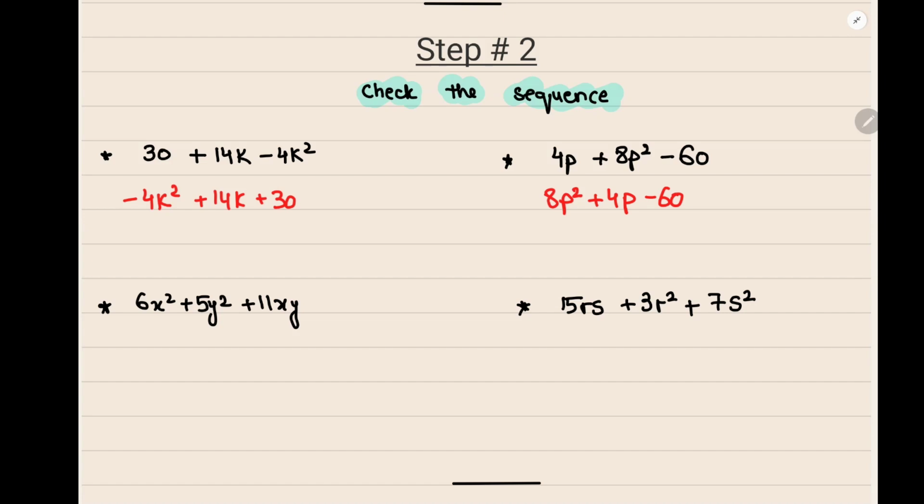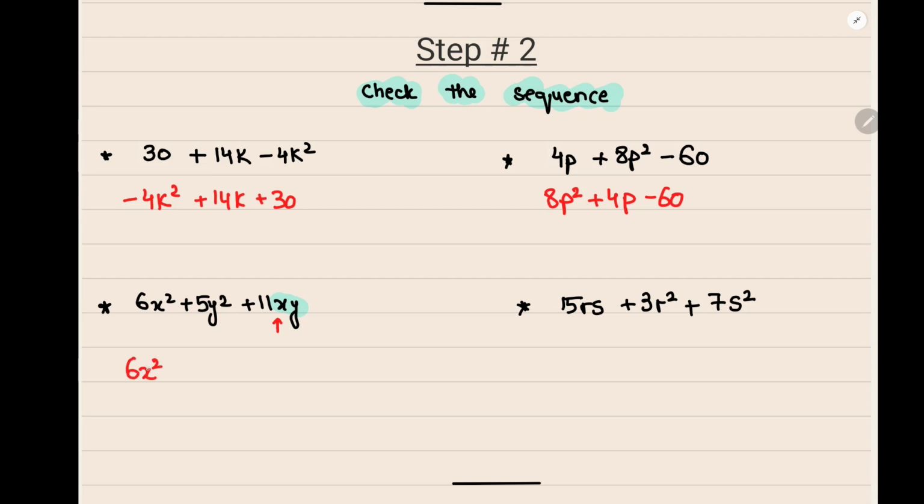Okay, now for the third question, here your single power term will define the sequence. Your single power term is basically xy, because the power of x is 1 and the power of y is also 1. Whichever is written first, like x here, you have to write the square of that first.